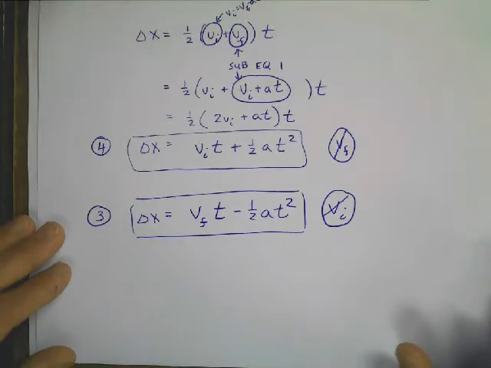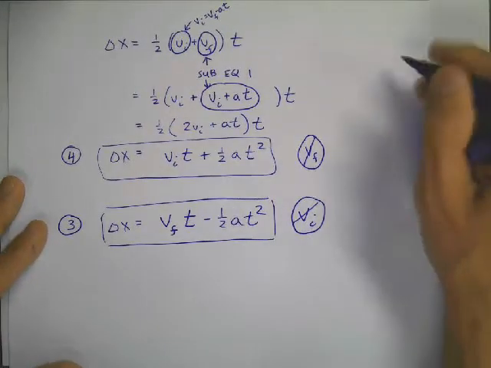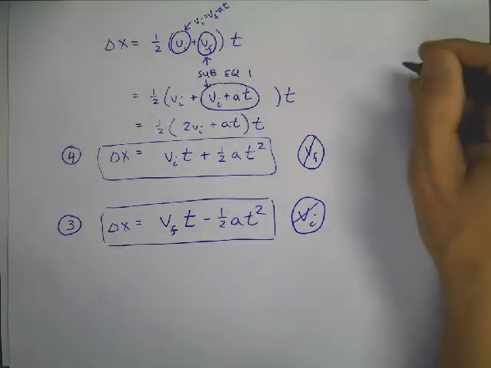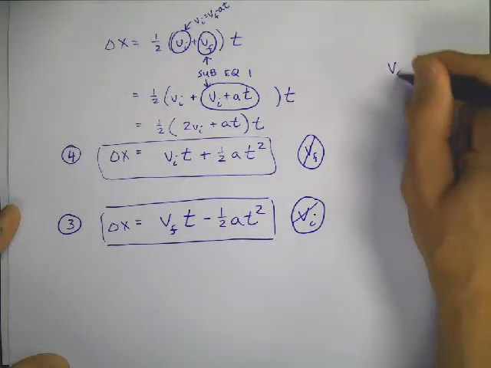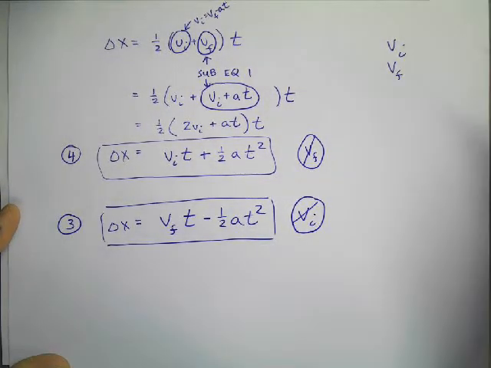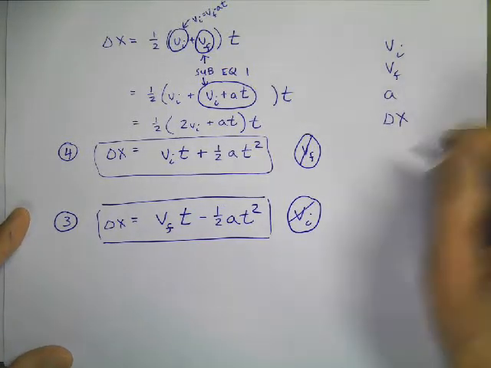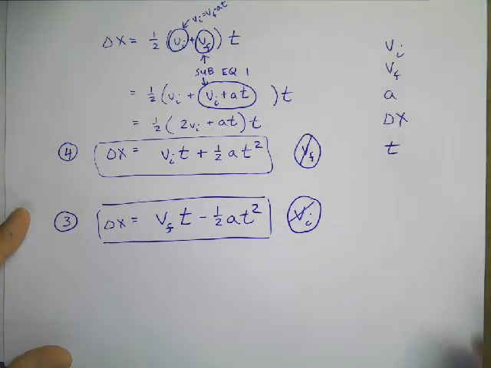All right. So if you think about it so far, what different quantities do we have? We've got v final, v initial, we have acceleration, we have displacement, and we have time.